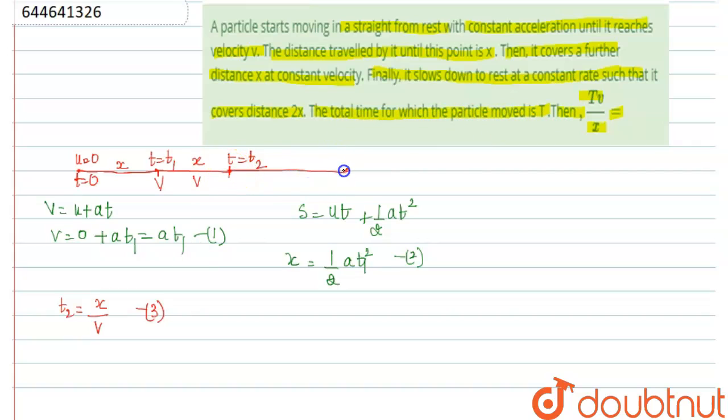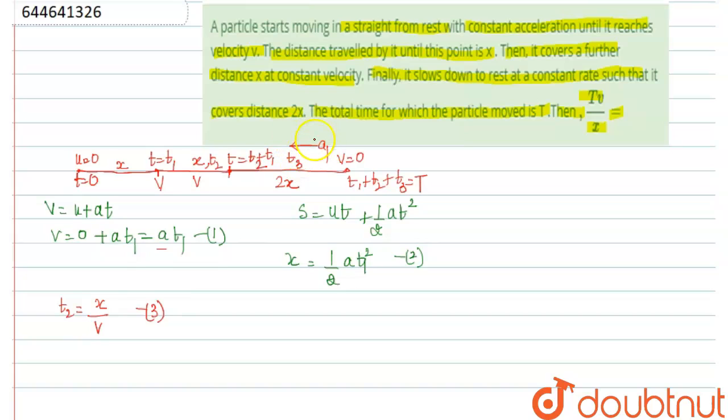Now it covers distance 2x, the final velocity becomes 0, and the time taken is t3. So the total time is t1 plus t2 plus t3, which is given according to the question as capital T. Initially the acceleration is a. Now, since the velocity is decreasing and it covers distance 2x, the retardation is a1.